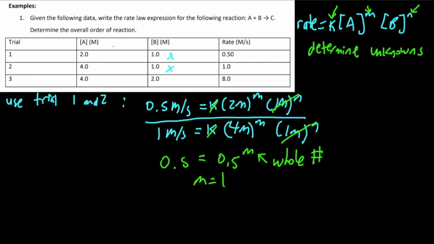Now to solve for n, we can use trial 2 and trial 3. So trial 2 and 3.